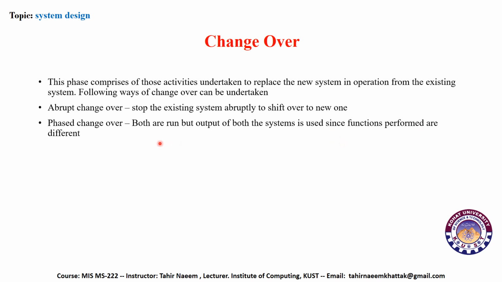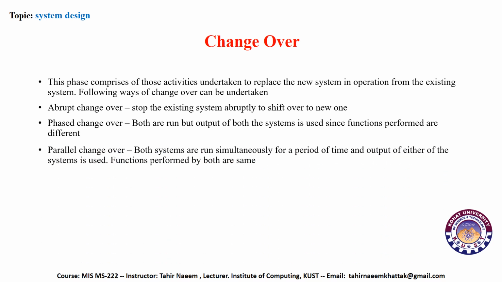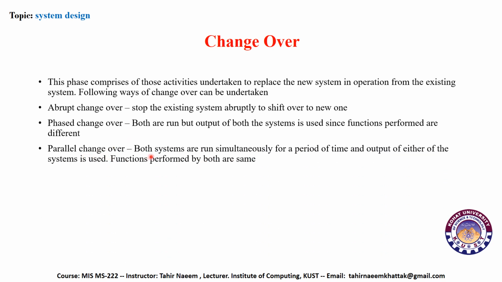So basically, phase changeover is performed in a phased manner. Parallel changeover. In parallel changeover, both systems run simultaneously for a period of time, and the output of either system can be used, since the functions performed by both systems are the same. So in phase changeover, the functions performed by both are different, while in parallel changeover, both functions are similar, and we can use the data from one or the other.